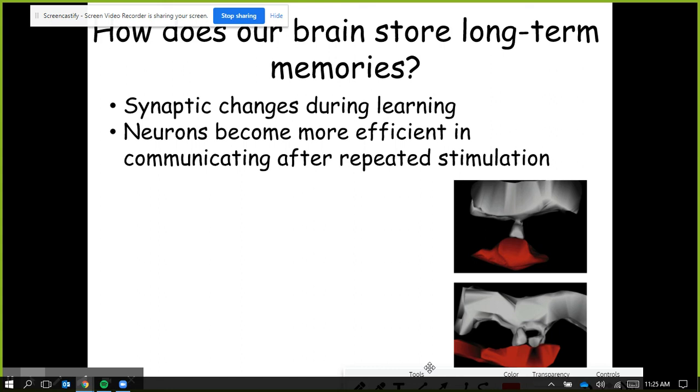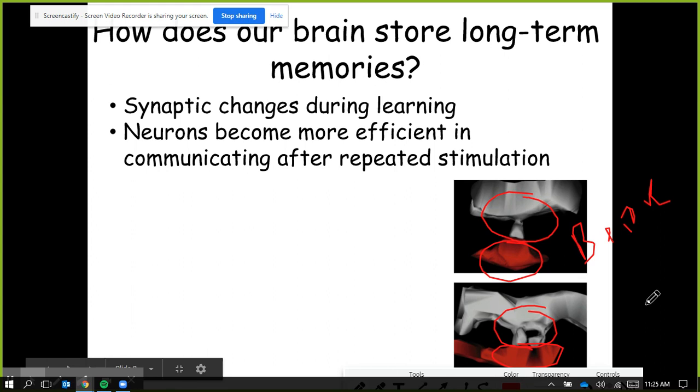So if you look right here, we have a diagram of a dendrite and an axon terminal, and that's before learning has occurred. Down here, we have that same dendrite and that same axon terminal. But what do you notice has happened? Okay, they both expanded.